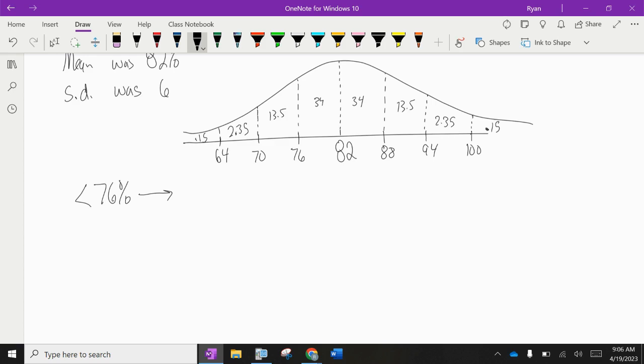I'm sorry, below a score of 76. I didn't put a percent here, so maybe they were out of a different number than 100 points. We add up all the numbers below the 76. Does that come out to 16? Yeah. So 16% of the people scored below a 76.